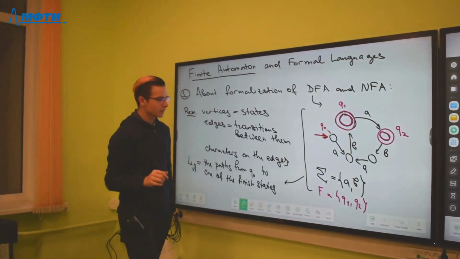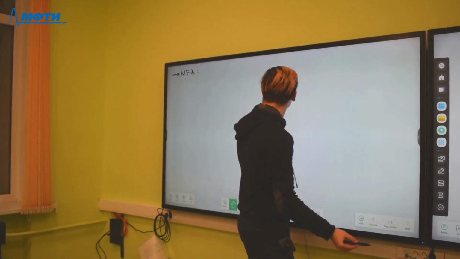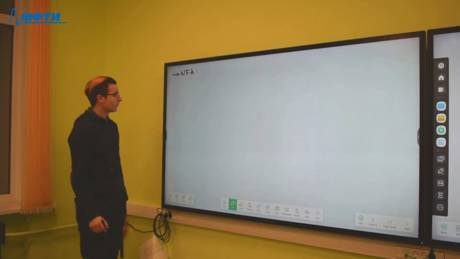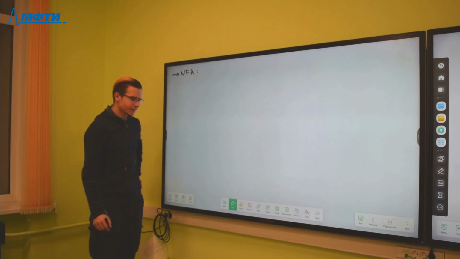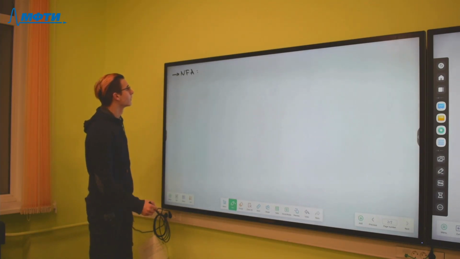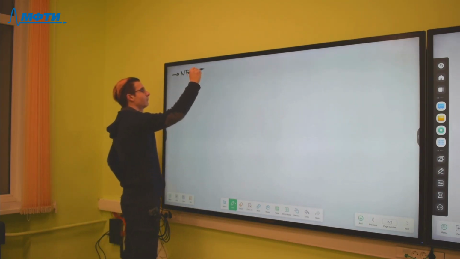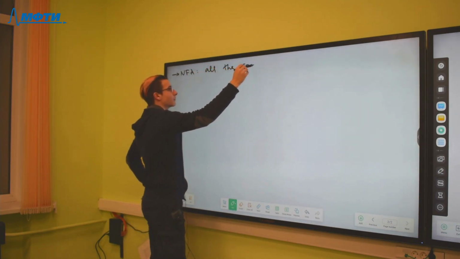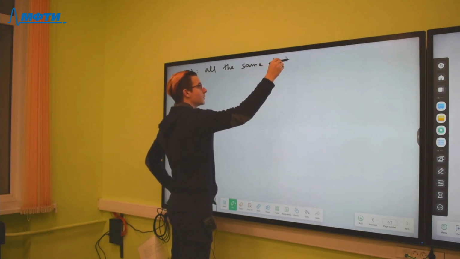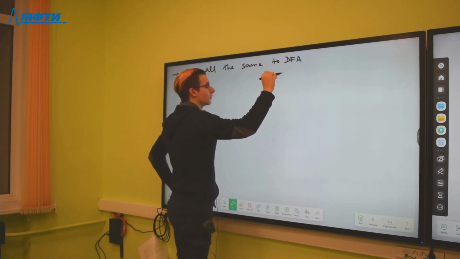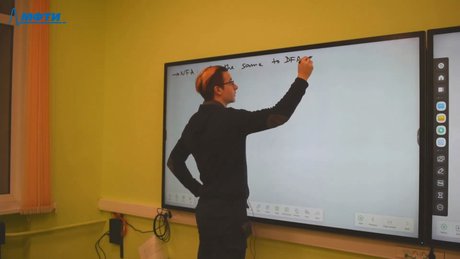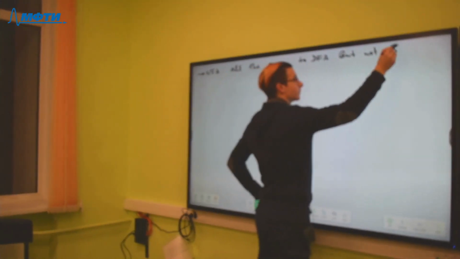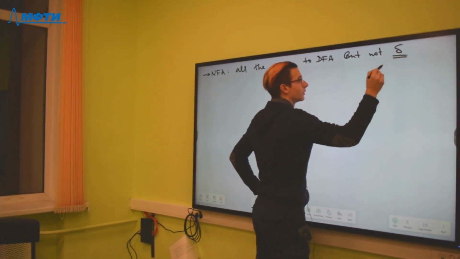Okay, so about the formal definition of an NFA. There are different models of it, and all are the same as a DFA, but with a different transition function delta.